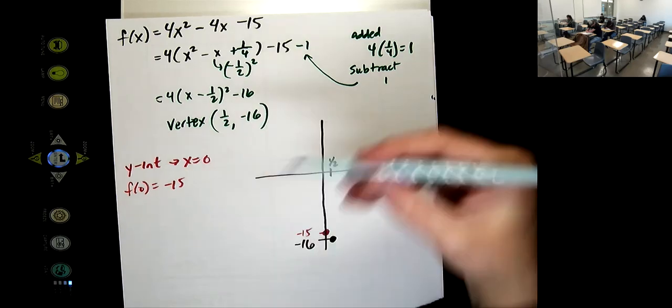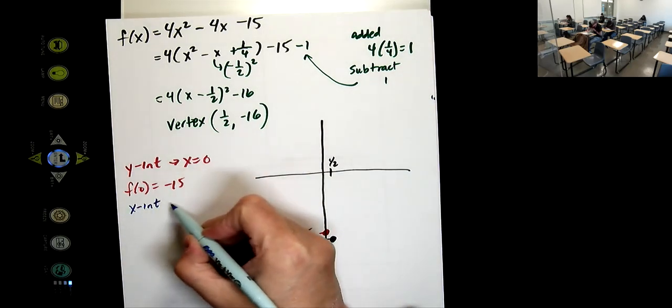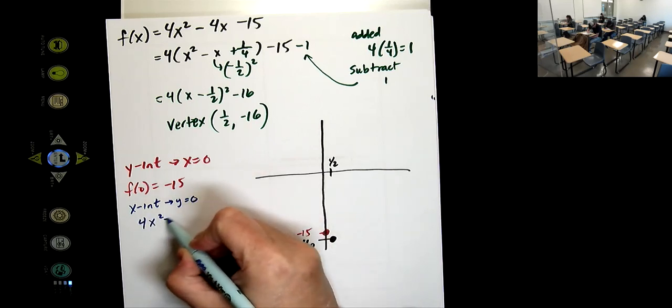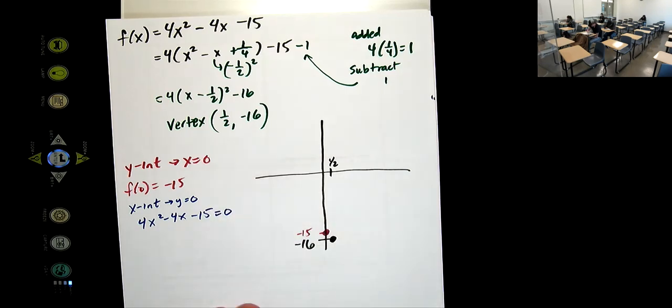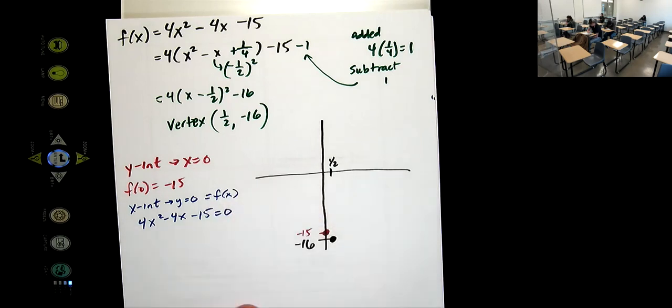Then the other option is doing the x-intercept, where y equals 0, which is my f of x. This does factor.